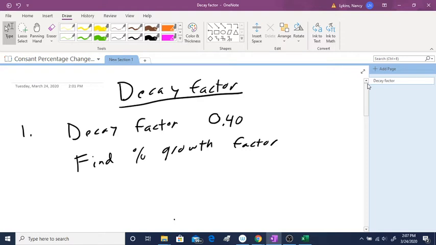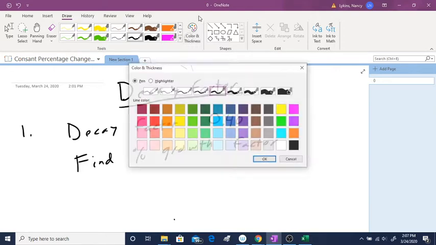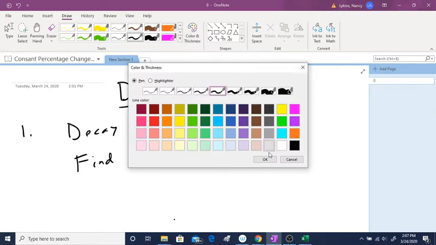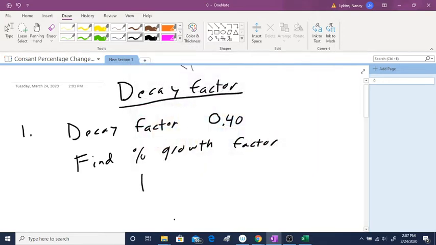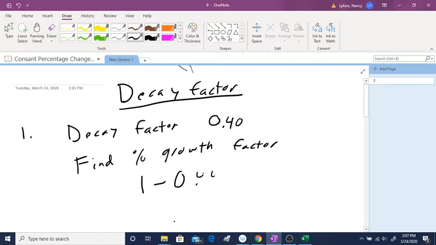So the easy way to do this is decay and growth are opposite of each other. So all I'm going to do is, instead of adding, we're going to subtract 0.4 from 1, and I get 0.60.